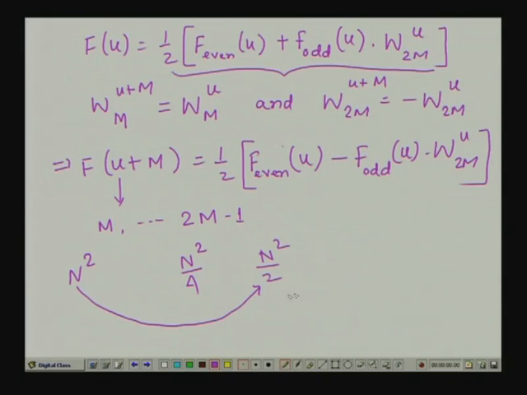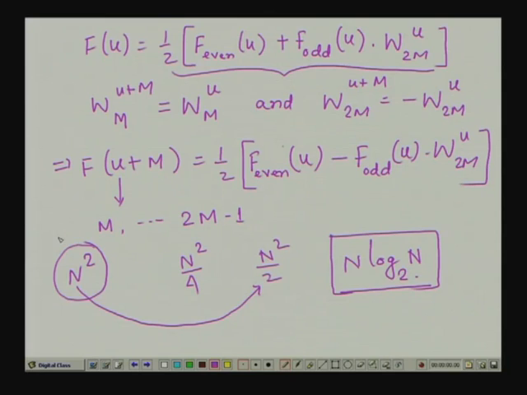And it can be shown that for this fast Fourier transform implementation, the total number of computation is given by n log n, where log is taken with base 2. So, this gives enormous gain in computation as against n square number of computations that is needed for direct implementation of discrete Fourier transformation.